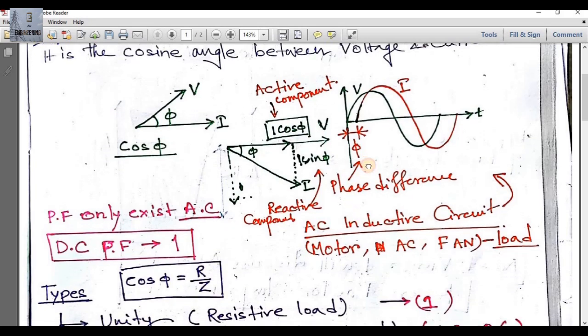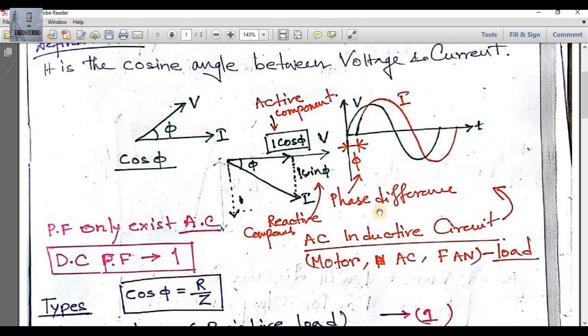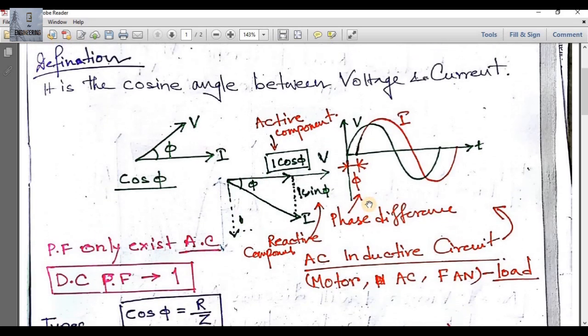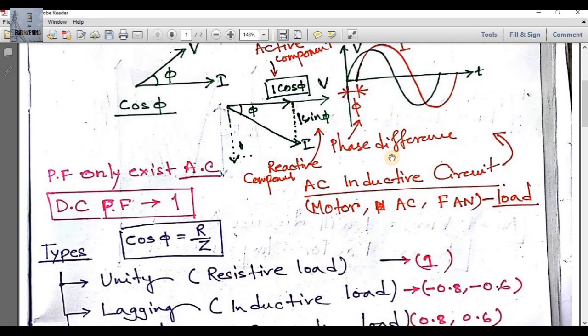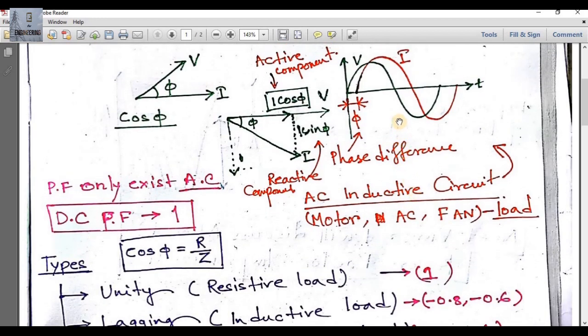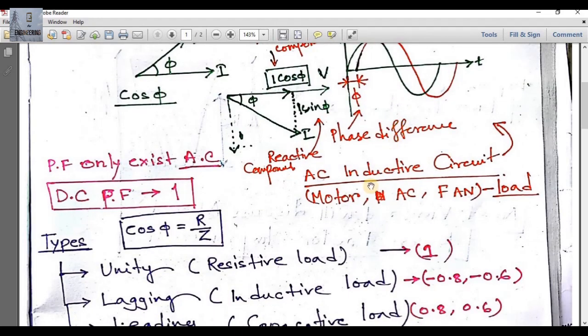So let's discuss some significance of this power factor. This graph is about the AC inductive type circuit model, where the loads are fans, motors, AC, etc.